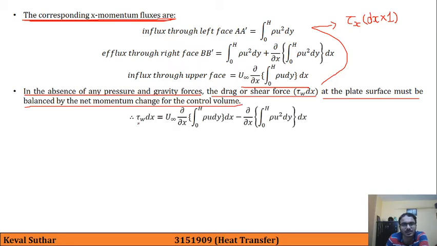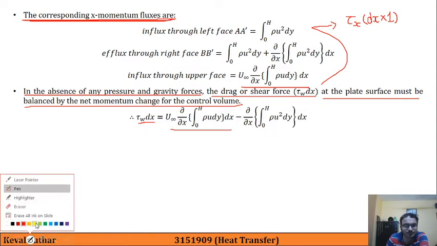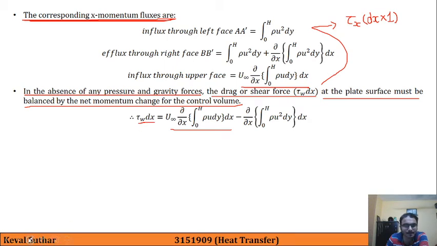So we can say that tau into dx is equal to this portion, that is the influx through the upper face, as you can see over here, minus this difference between influx and efflux, that is this.